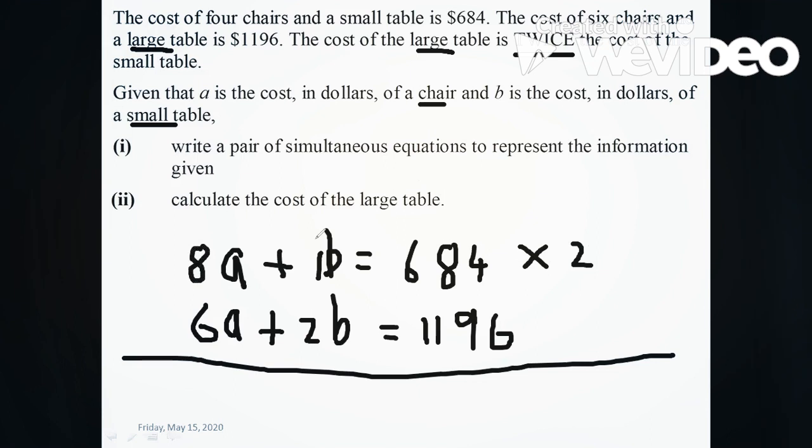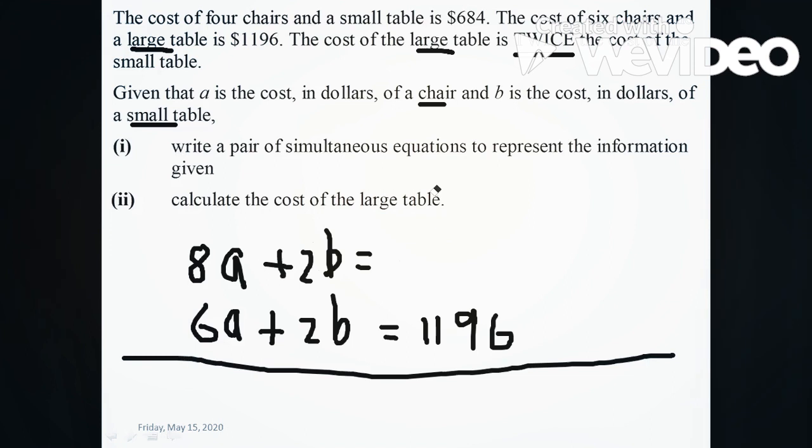And 2 times 1b, as I said before, is going to be 2b. And 2 times 684. What's 2 times 684? Somebody with a calculator. What is it? 1368?